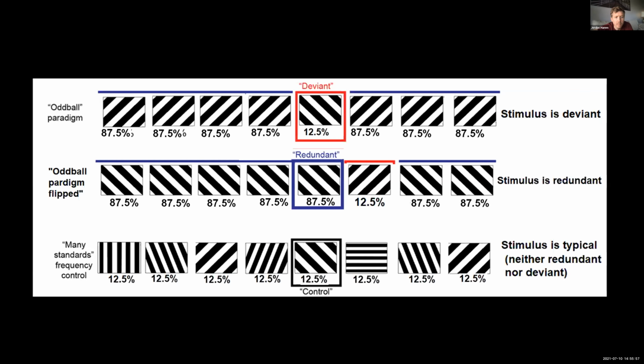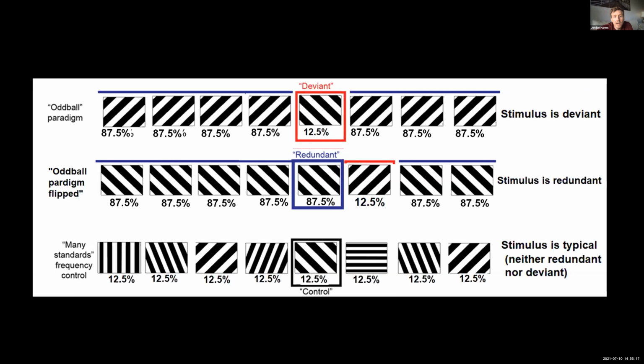and then we use what is called the many standards frequency control, where we present a whole number of different oriented stimuli. And in this case, these oriented bars are neither redundant nor deviant in this context. There's nothing surprising about this orientation, but it is still rare.